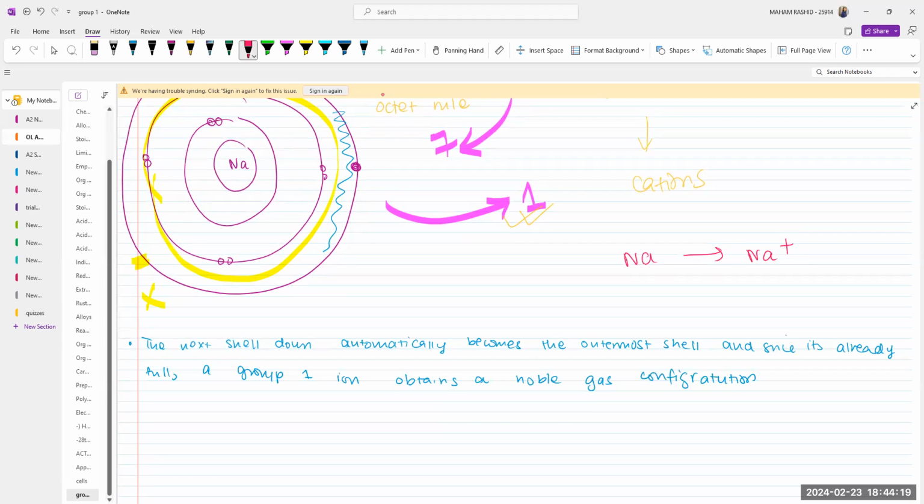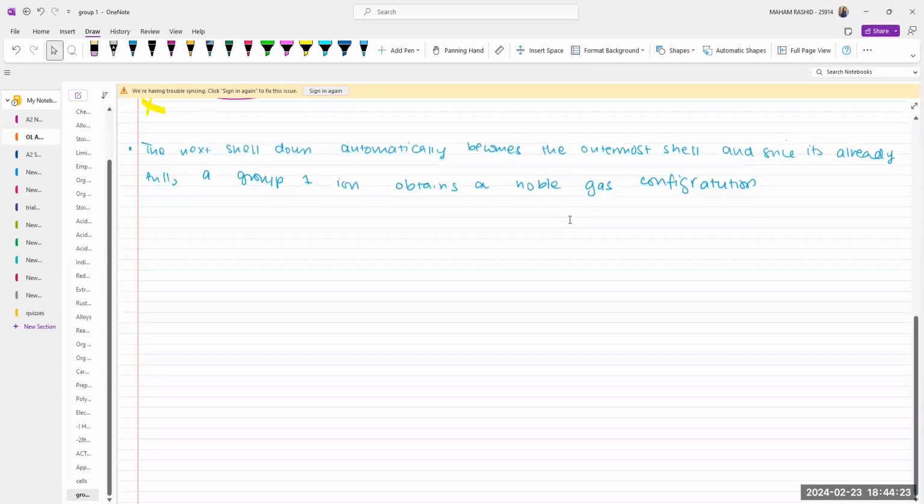Next thing we have here is, as you go down group 1, the number of shells of electrons increases by 1.